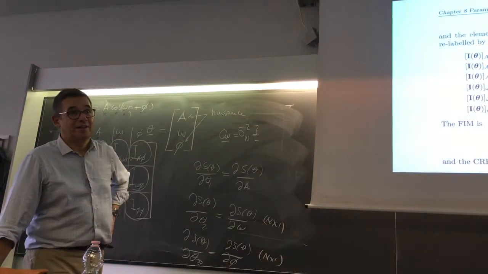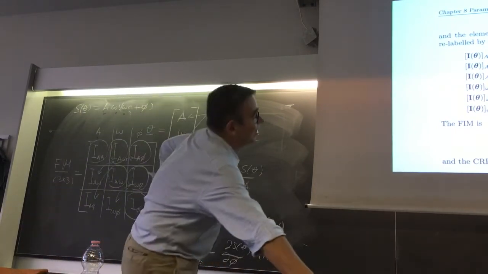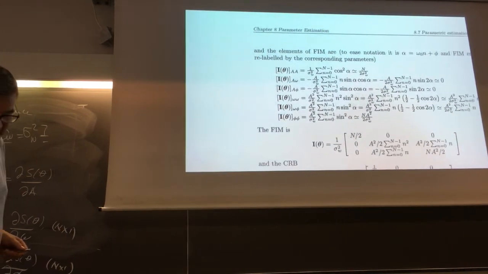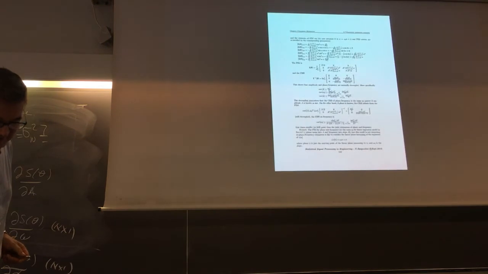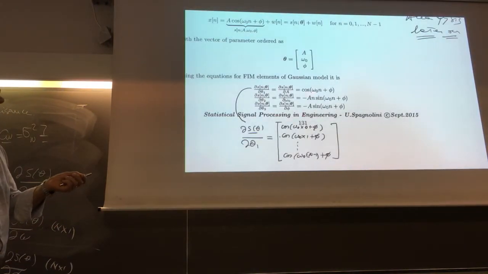Okay? So for the first one, the derivative with respect to the amplitude is cosine. Okay, go back. So the derivative is a cosine.